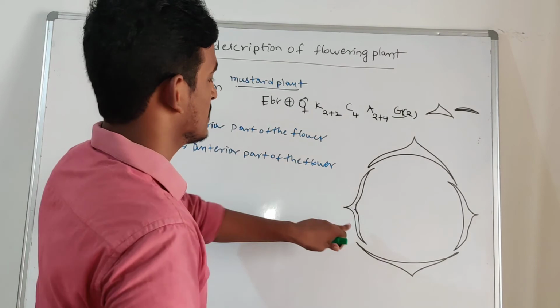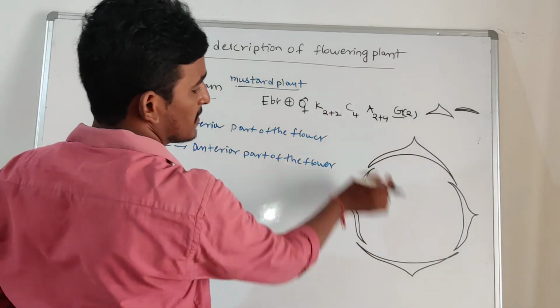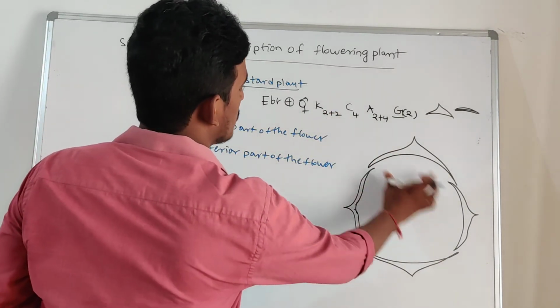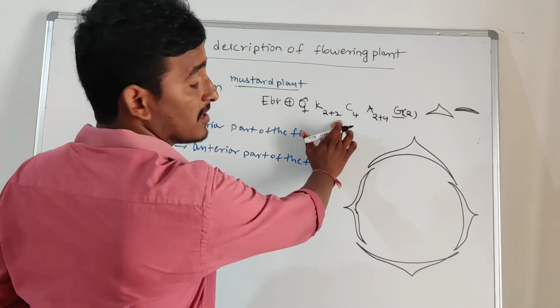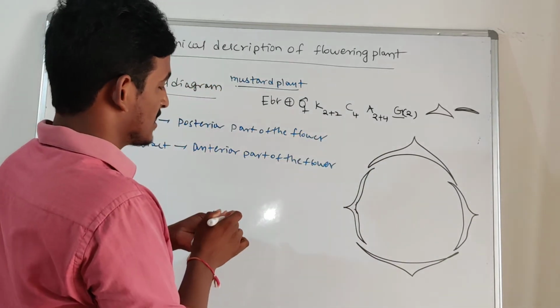So total how many sepals are present? 2 plus 2. 2 outside, remaining 2 inside. Those are not fused, right? So let us go to the corolla.